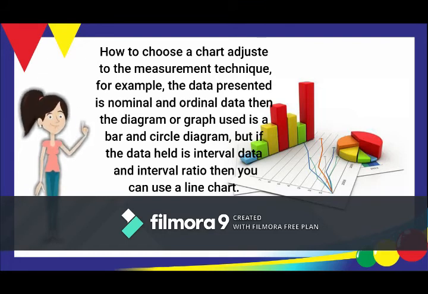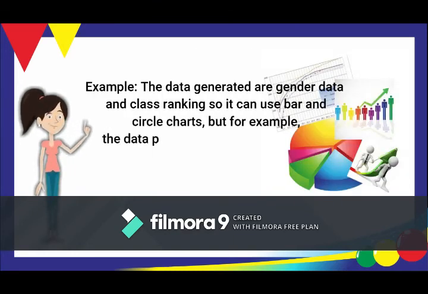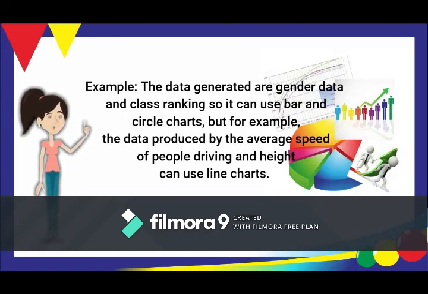But if the data held is interval and ratio data, then you can use a line chart. For example, if the data generated are gender data and class ranking, they can use bar and circle charts. But for example, data such as the average speed of people driving and height can use line charts.